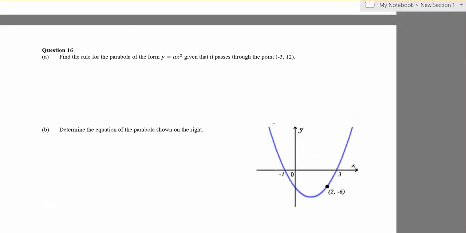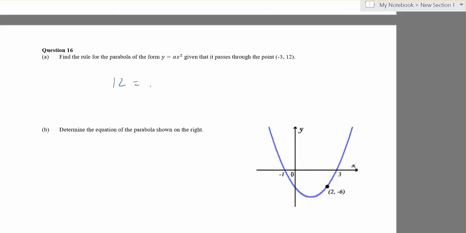Question 16. Find the rule for the parabola y equals a(x plus 6) squared if it passes through -3, 12. So all I need to do is sub in.